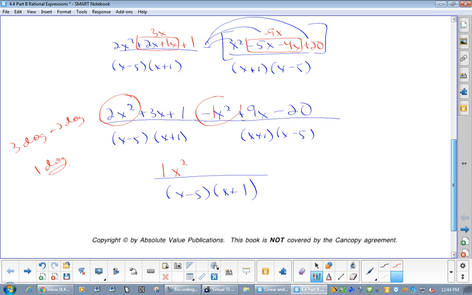You don't just put 1. You actually have to put the thing still. Okay? Now, next is the positive 3x, the positive 9x is positive 12x. And sometimes just crossing them out helps keep things straight. And then I've got a 1 and a negative 20 is negative 19. And the last thing, x cannot equal 5 and negative 1.